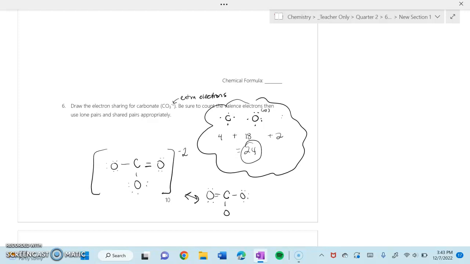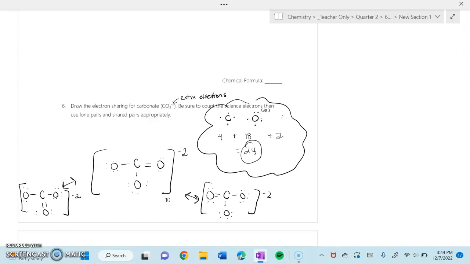So it's just kind of repeating the same drawing, but showing all the different spots where that double bond could be. It could be on the left, it could be on the right, it could be on the bottom. And that is called resonance. We're not going to test on resonance, but I just wanted you to be aware of that concept.